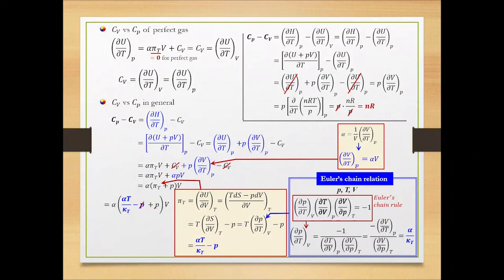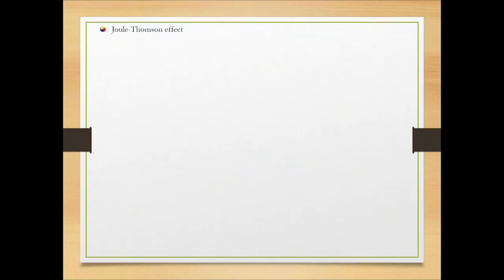Pressure is cancelled out. Consequently, the difference between Cp and Cv of any gas in general, including perfect gas, is alpha squared T V over kappa T.